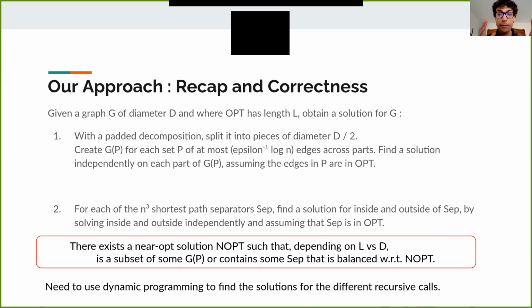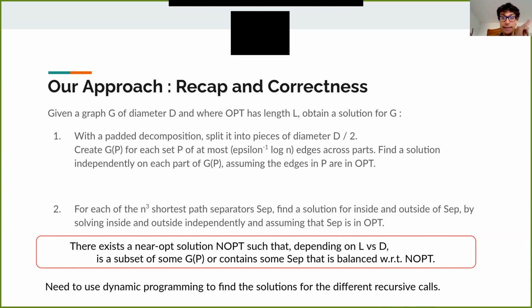What I'm guaranteed by the argument that I described before is that there exists a near-optimal solution, such that depending on the length of this near-optimal solution versus the diameter, either there is a tuple of edges across the part of the partition that contains N-opt, and there is no other edge across the partition that is in N-opt.